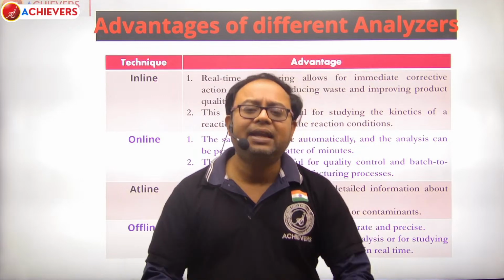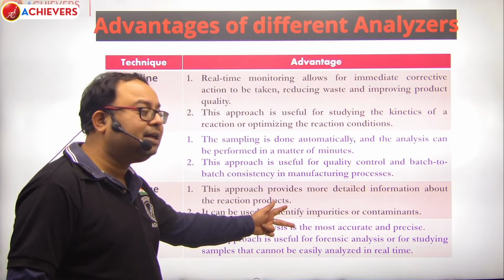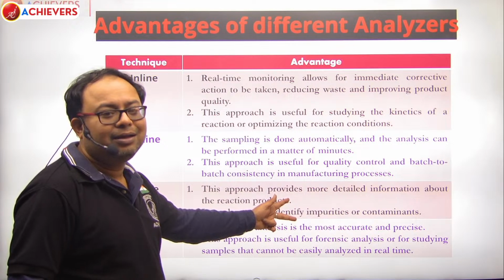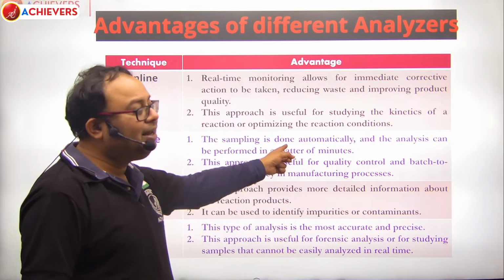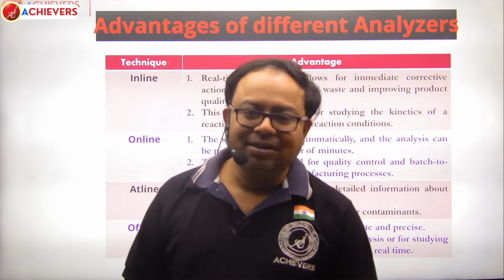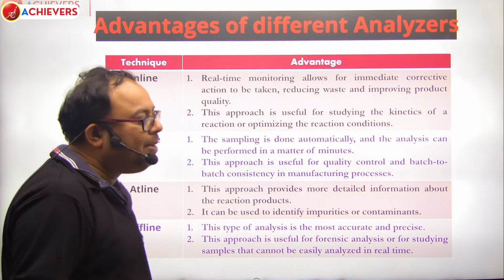Here you get more accurate results, but not immediate results. On the contrary, here you will get immediate results. So sampling is done automatically and the analysis can be performed in a matter of minutes.